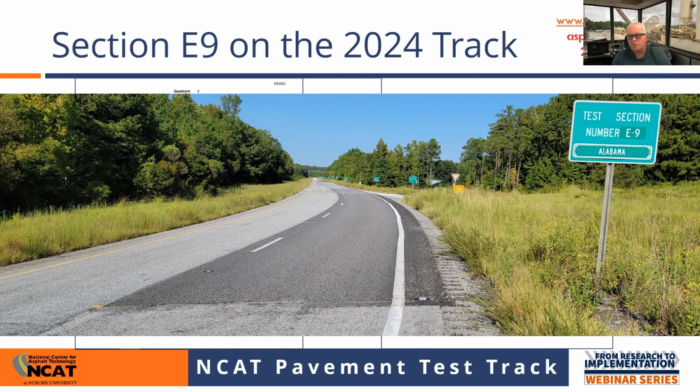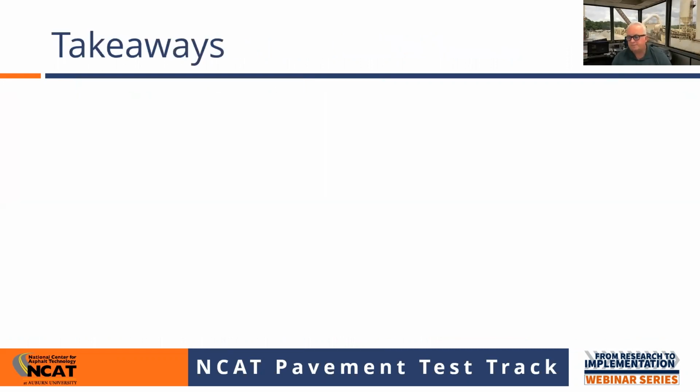And if it asks you for a username and a password, the username is Asphalt Research, and the password is 2018 track with a capital T. So we try to not restrict access to the site. If you want to pull up these reports, look at these test sections or look at any other test sections on the track, that is the link that you will use for that.